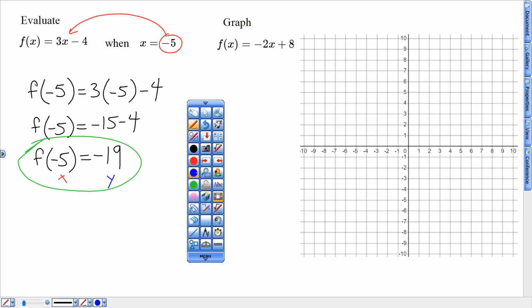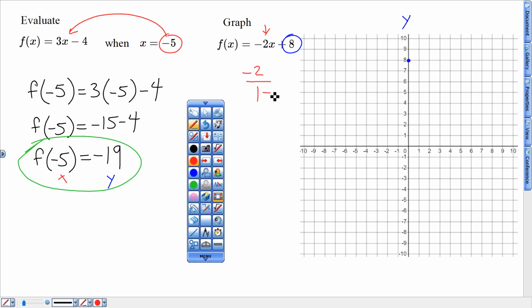All right, graphing. Find 8 on the y-axis. That's your first dot right here. Your next dots, look at this number in front of x, that -2 made into a fraction is -2 over 1.